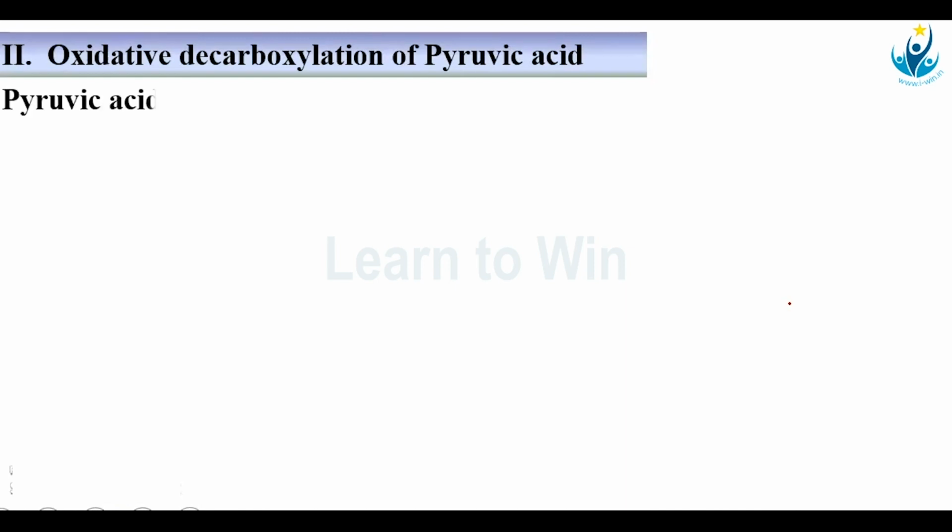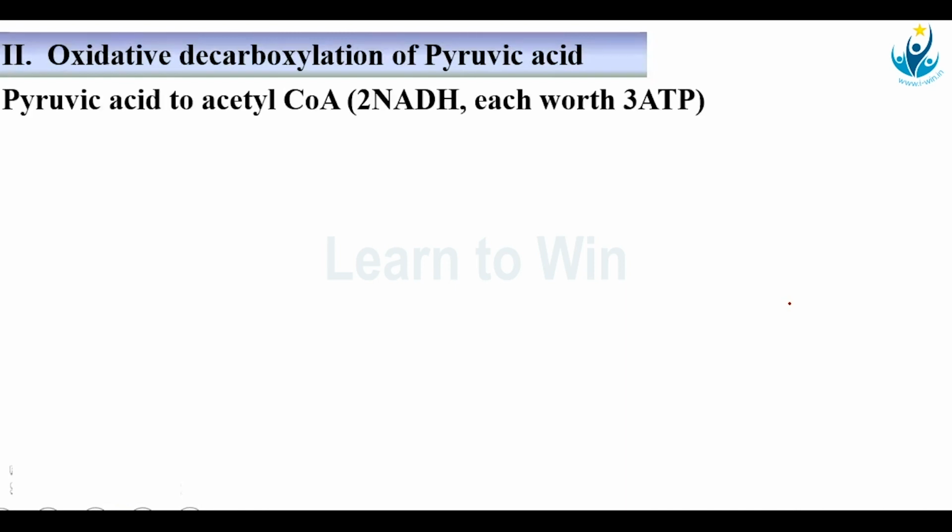The next one is the linked reaction, that is oxidative decarboxylation of pyruvic acid. Now in this, when pyruvic acid is converted into acetyl-CoA, you are forming 2 NADH, and this NADH is mitochondrial NADH because this reaction happens in the mitochondria. And I've already discussed that each mitochondrial NADH is worth 3 ATP.